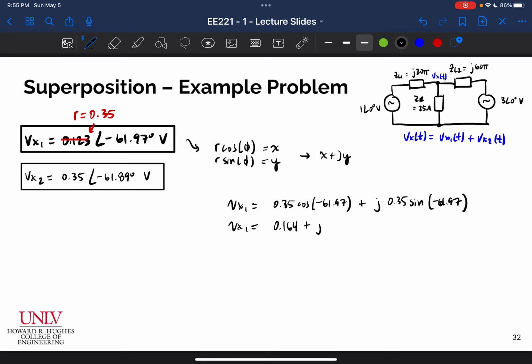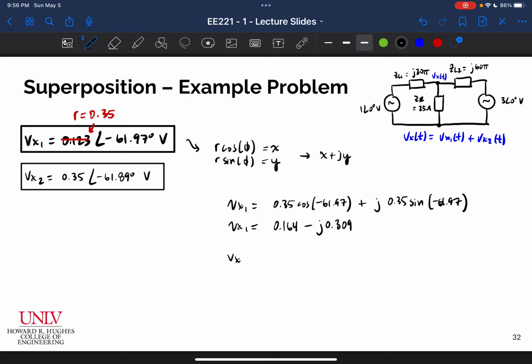plus j times some value over here that we're going to get. So let's do sine of negative 61.97. Multiply that by 0.35. It actually comes out to a negative value, so let's change this over to a minus j times 0.309. All right, that's going to be our Vx1.